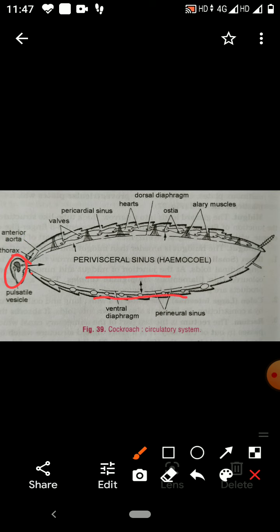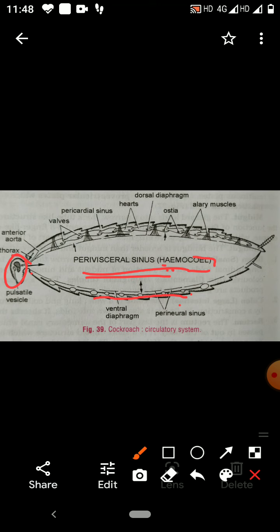Again from the perineural sinus blood passes into the perivisceral, and from the perivisceral it passes into the pericardial through the ventral diaphragm.